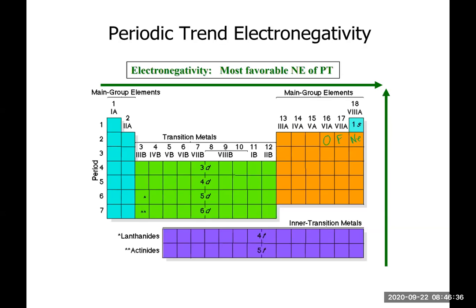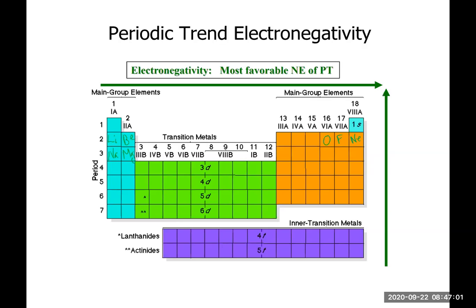But if we look over on the other side of the periodic table, species like lithium or sodium or magnesium or beryllium, they are all going to want to give electrons up so that they can get the electron configuration of the noble gas that's closest to them.